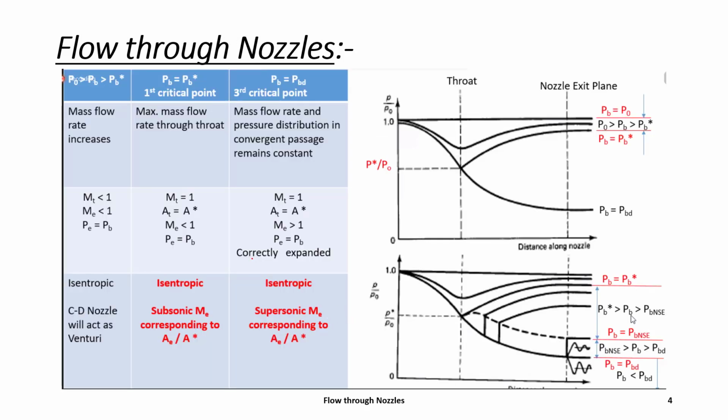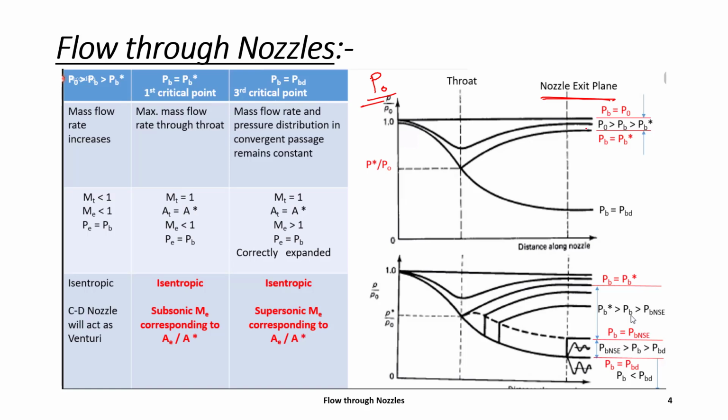Now we will see what happens if there are different pressure conditions at the nozzle entry and exit. If we fix the nozzle entry stagnation pressure, then we will see what happens if we decrease the nozzle exit pressure, which is the back pressure. Initially both pressures are equal.